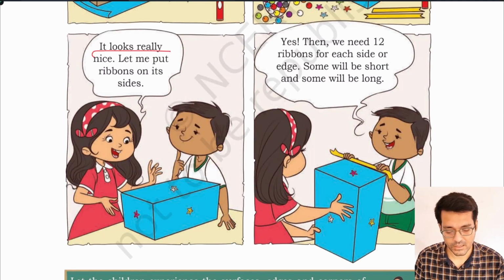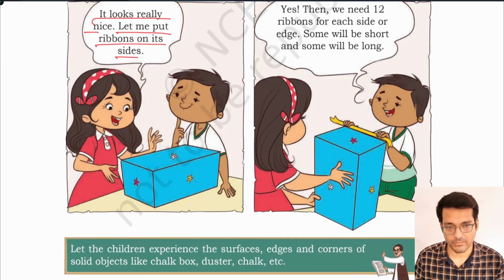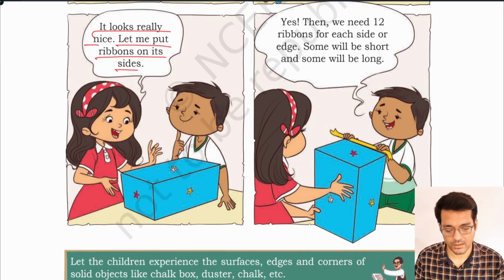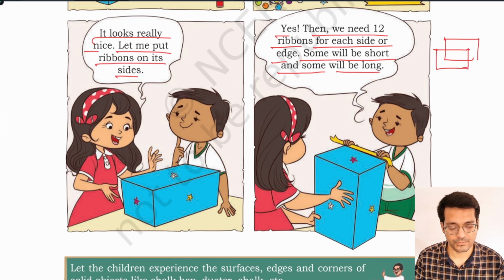It looks really nice. Let me put ribbons on its sides. Hina wants to place ribbons on its sides. Yes, then we need 12 ribbons for each side or edge. Some will be short and some will be long. Let's count the number of edges in a cuboid as well as in a cube.